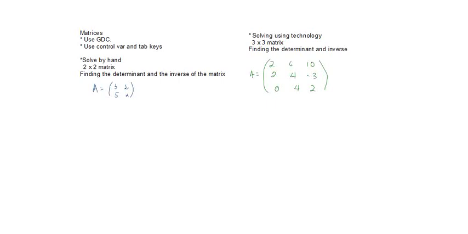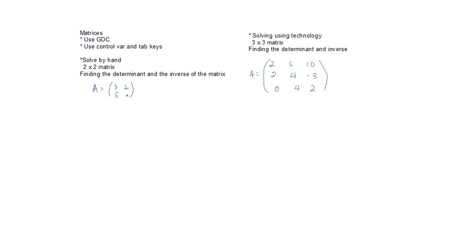Although you have your calculator, you have to show the step-by-step procedure in finding the determinant and the inverse of this matrix. Of course, after that, you can verify if your answer is correct using your GDC. But without the solution, you will not be getting full marks, or probably you won't even get a single mark for that.